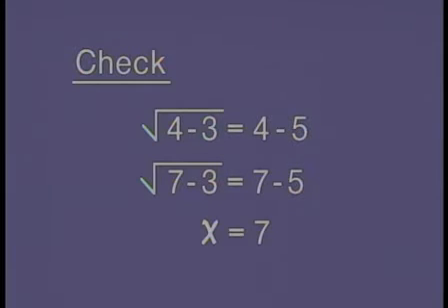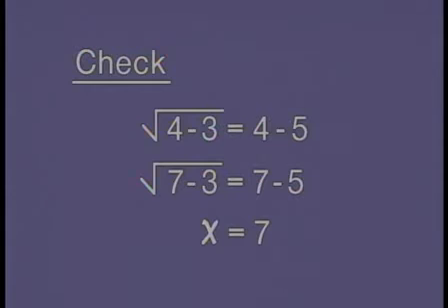And ever since we began solving equations in this series, I've always said check in the original equation. x equals 4 was a solution to the quadratic, but not to the original equation. And that happens quite often in square root equations. We then check x equals 7. The square root of 4 equals 2, as seen in the second line on the visual, and x equals 7 is the only solution to our square root equation.